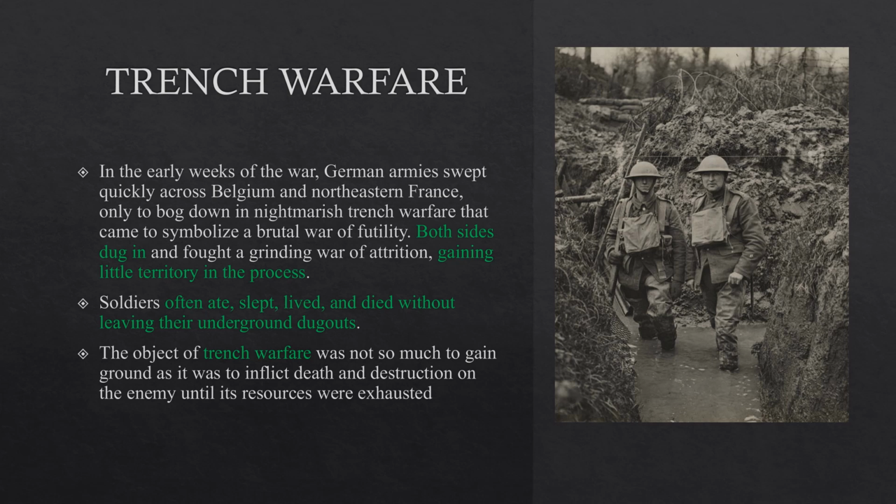These trenches could measure up to 40 feet deep and were frequently carpeted with mud. And let me tell you, infested with rats and lice. Quote, "When all is said and done," grumbled an English infantry soldier, "the war was mainly a matter of holes and ditches."